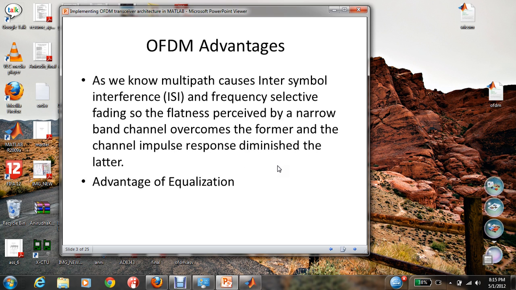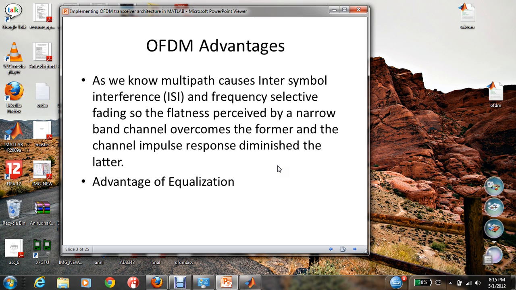Now there are certain advantages of OFDM. As I said before, it's used to reduce, or basically eliminate, the effect of intersymbol interference. After we modulate the entire data onto several subcarriers and send it over a multipath channel, the signal perceives the multipath channel as a narrowband channel.